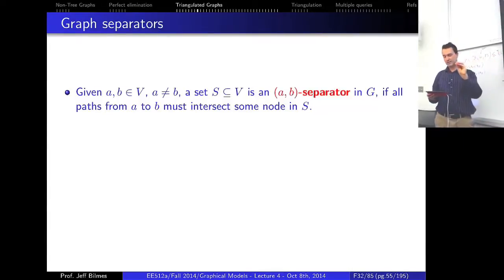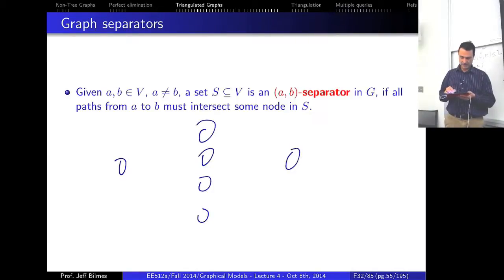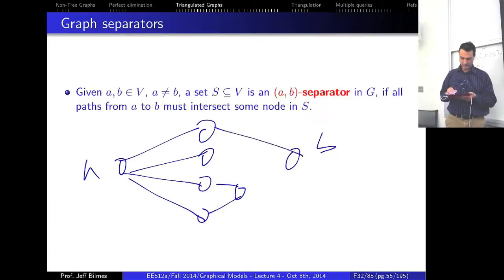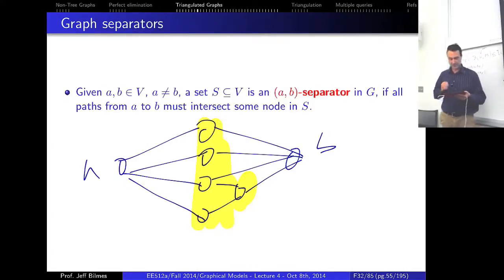A set S is called an A-B separator if all paths from A to B go through S. So the rough picture: let's say here's a graph, and here's A, and here's B. So that means that this set is a separator.